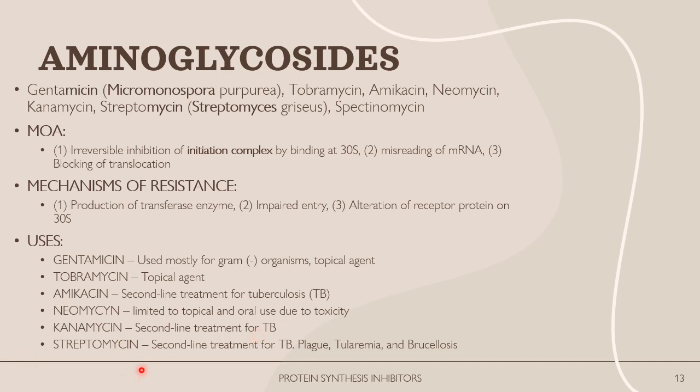Streptomycin is also given in patients with plague, tularemia, and brucellosis. So I hope you can still recall the causative agents of these three, based on your microbiology. Plague is caused by Yersinia pestis, and tularemia, also known as rabbit fever, is caused by Francisella tularensis. Okay, so don't forget that one.